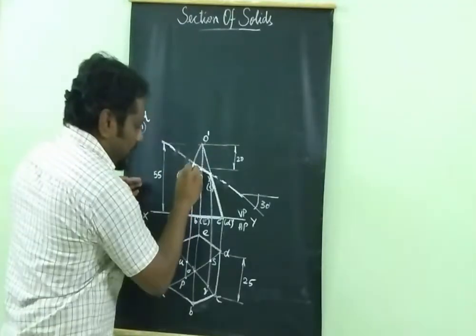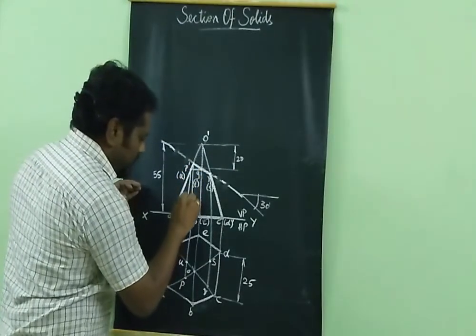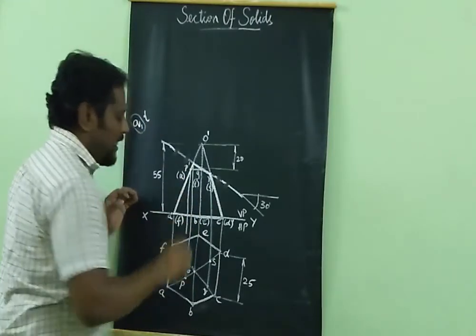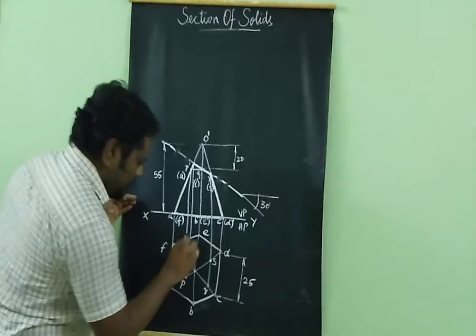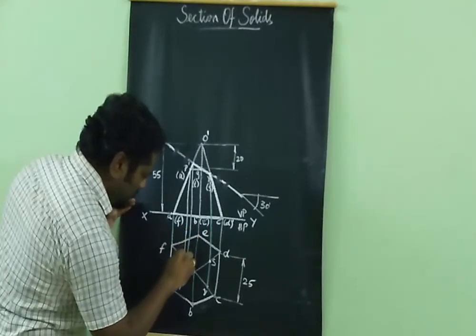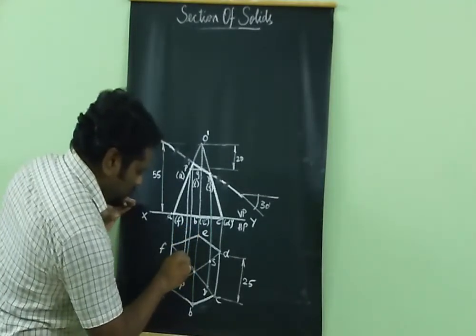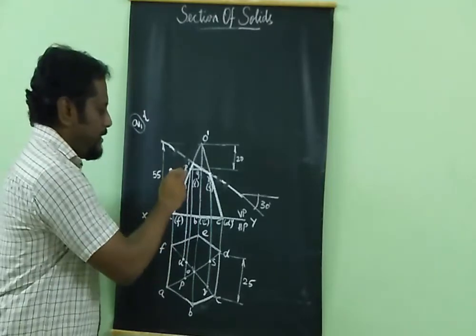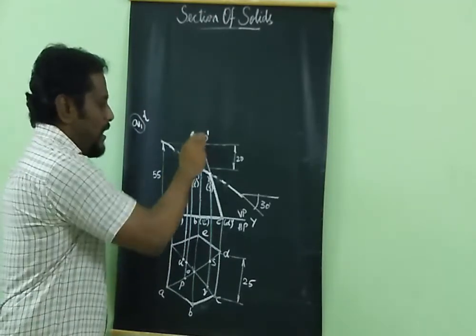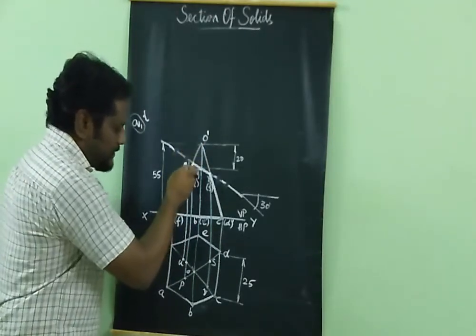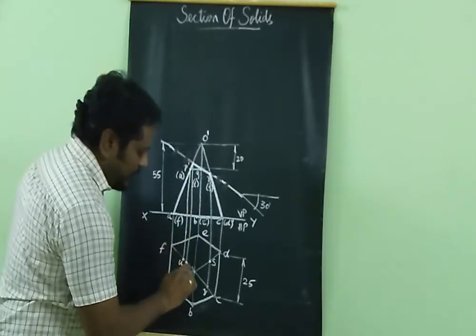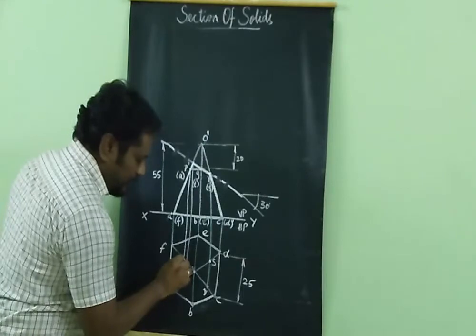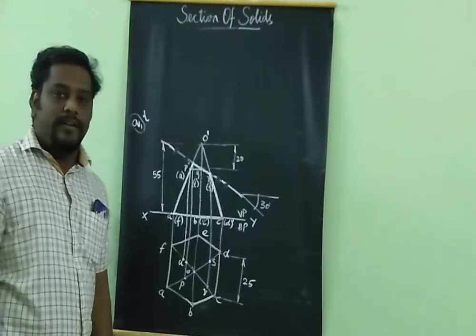So that point has to be vertically transferred up to this OA line. So this point is in the OA or OF. So I just vertically transfer this point up to the line OF. Now you have a point here, right?